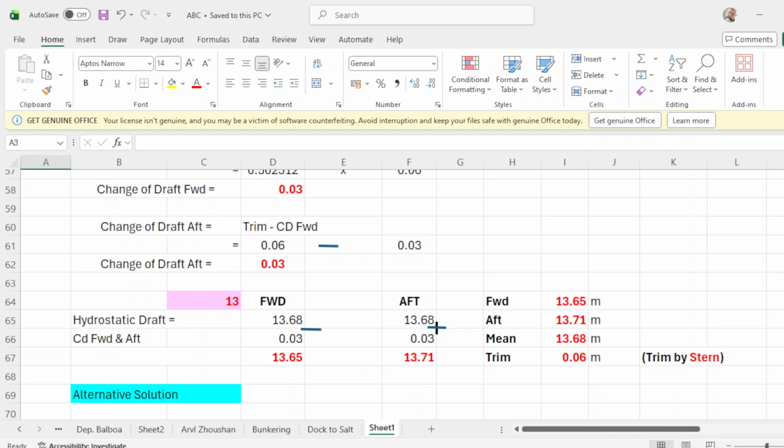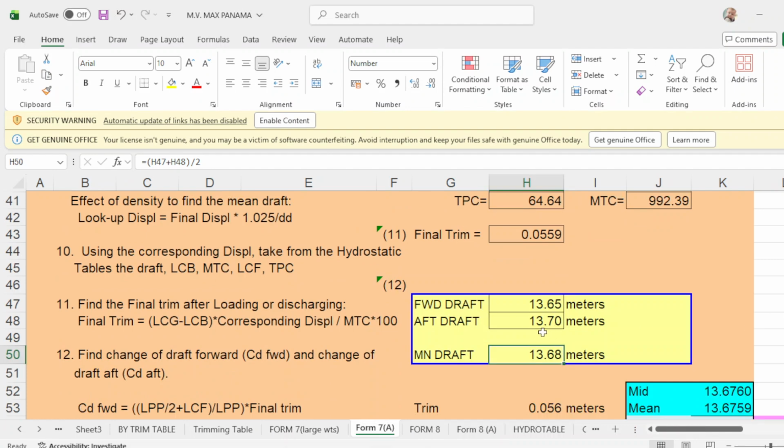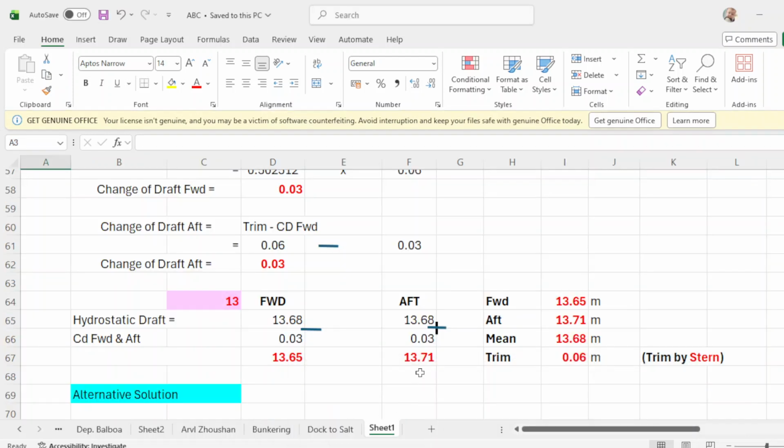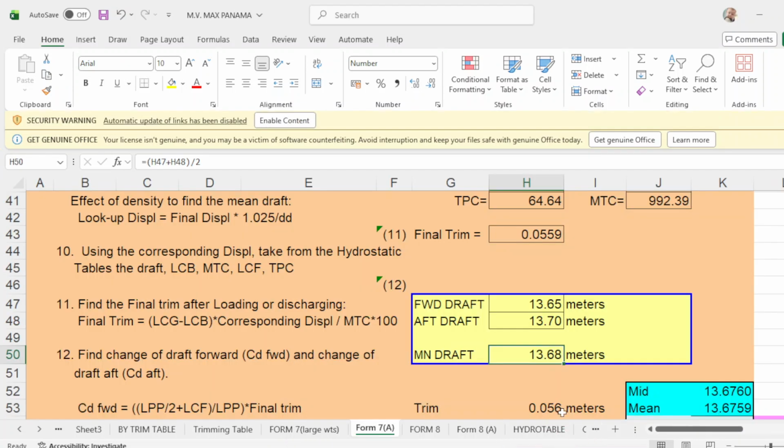Okay, but if you look here, in the program, the aft draft is only 13.70. Okay, 13.70. If you put your 13.70 minus your 13.65, your trim will only be 5 centimeters. But here, his trim is 0.056, almost 6 centimeters.